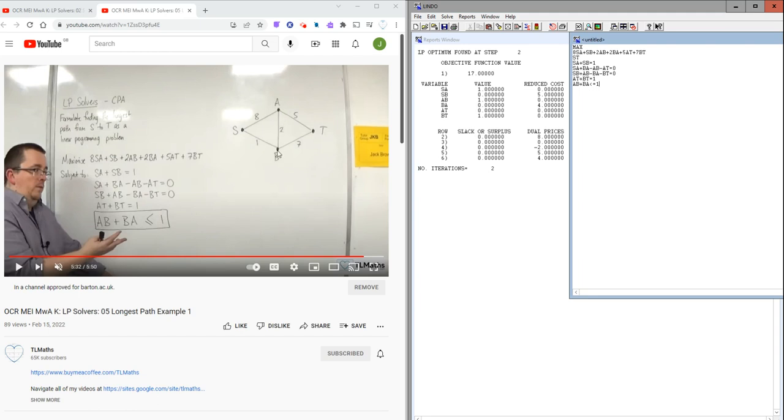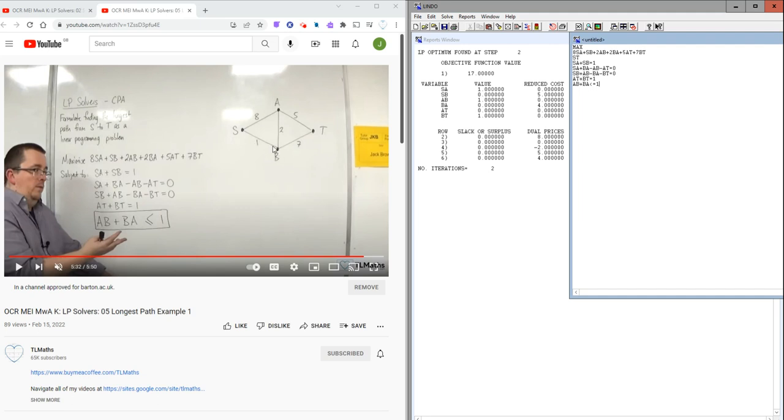So it gets me up to 10. And then BT, 7. So that gets me up to 17. So if I forced SB to be used, that would reduce my value by 5.